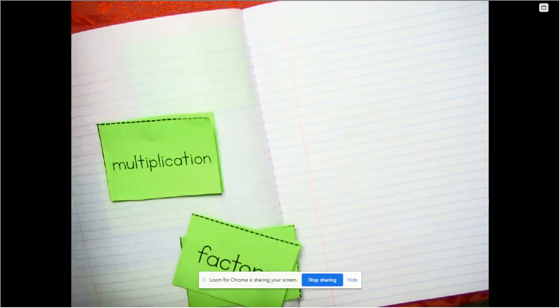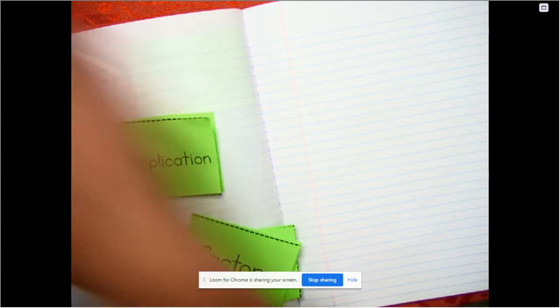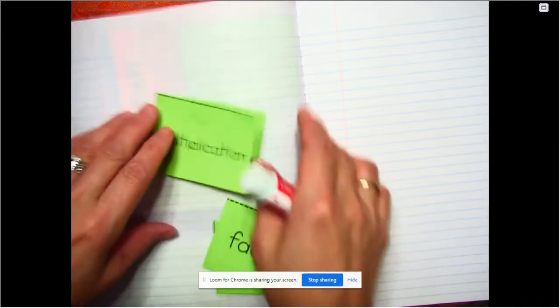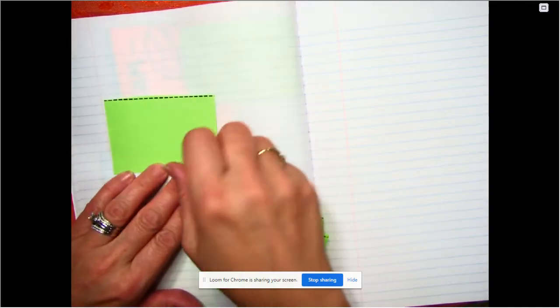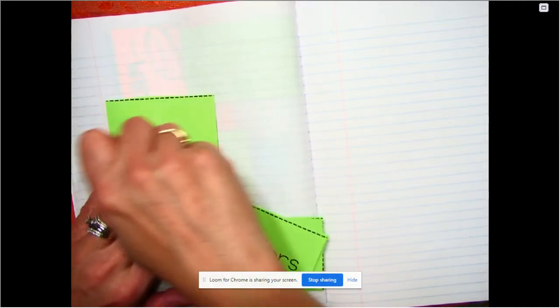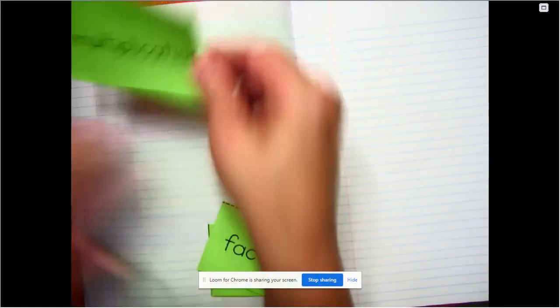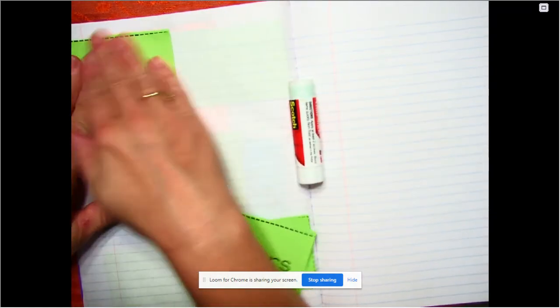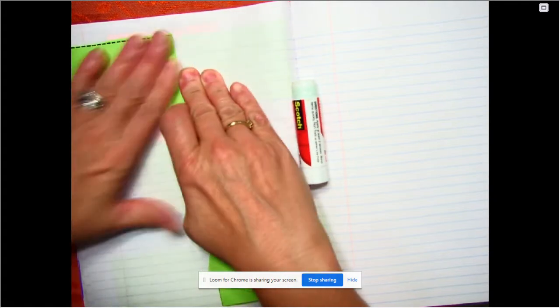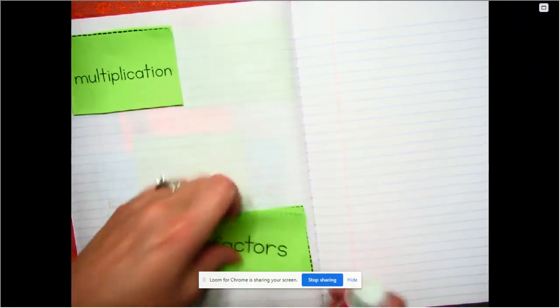All right. Okay, so first, multiplication. And factors.